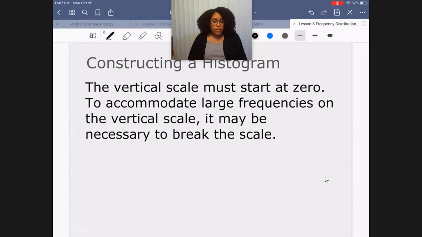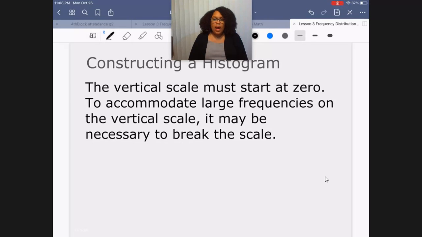We will need to start the vertical axis, though, at 0. We won't have to start the x-axis at 0, but we do need to start the frequencies at 0. And this goes back to what we read about in that lesson 2 with misuses of statistics. If we give a vertical axis that isn't starting at 0 and not scaled properly, what happens is then we can give a misleading graph.